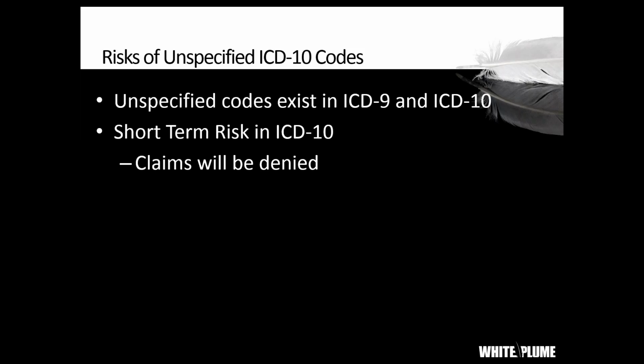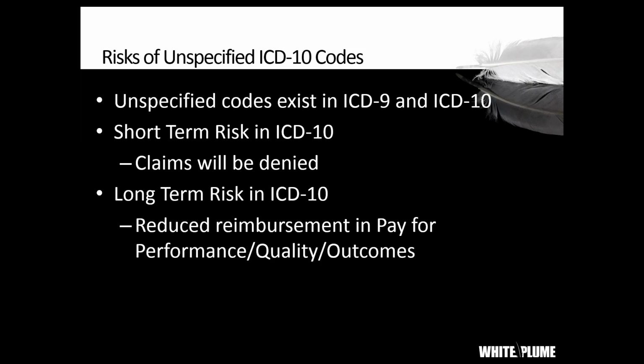So that's the concern. That's the problem in the short term. The long-term risk is that eventually we're transitioning away from our fee-for-service model and moving towards an outcomes-based, performance-based reimbursement model, right?